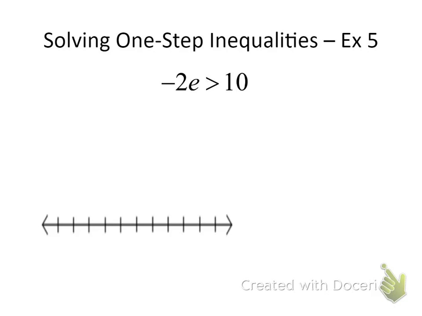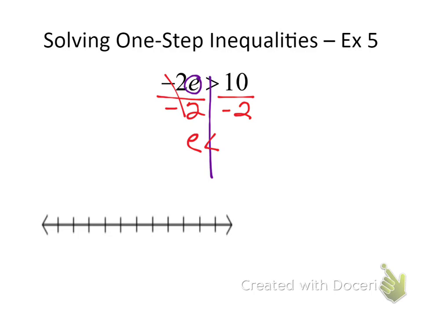Okay, example number 5. We're going to start. Circle our variable, draw our line of equality. Now, right here, what number am I dividing by? A -2. Because I am doing the inverse operation, dividing by a -2, I'm going to make sure that when I bring my variable down, the next thing I do is flip my inequality sign.